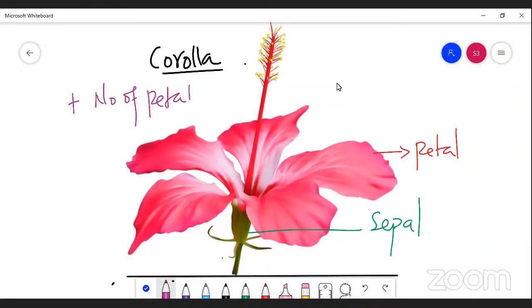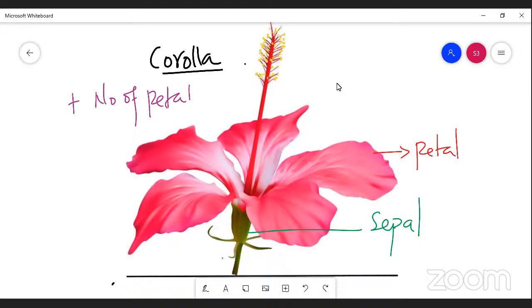That's why the corolla plays a major role in attracting pollinators. In most of the angiospermic group, the corolla is the most attractive part of the flower, right? On seeing any flower, you can notice the attractive part is the corolla.